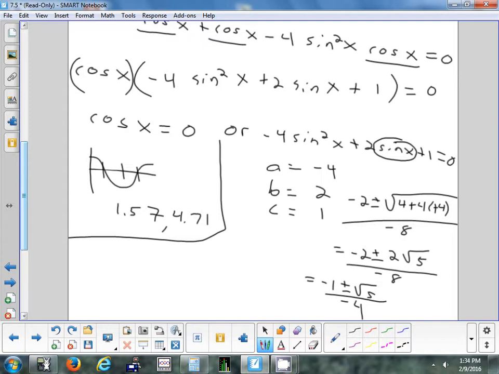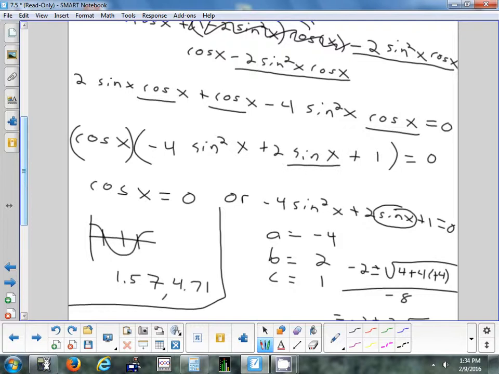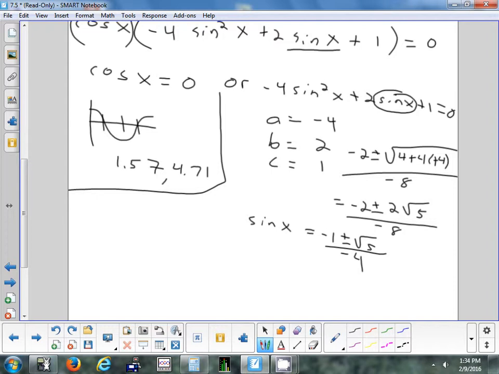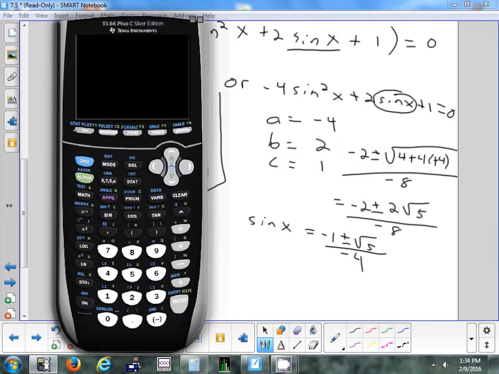All right, so we can kind of see where two answers would come from. Negative 1 plus root 5 over negative 4, and negative 1 minus root 5 over negative 4. Now, that's equal to what? x? That's sine x. Nope, just sine x. Okay, what I'm going to do is get the decimal for both of those.